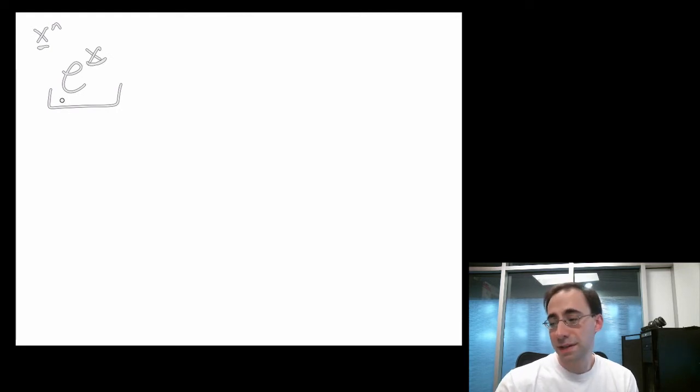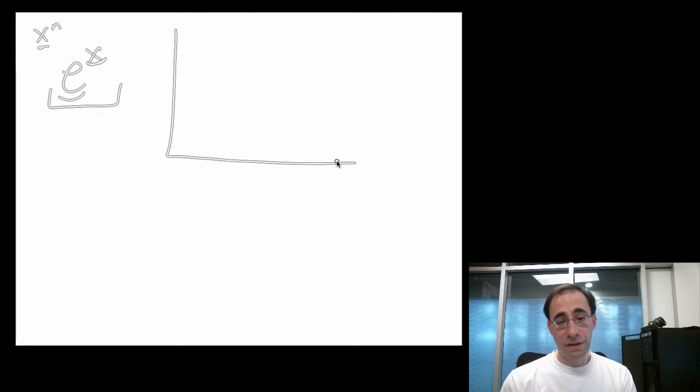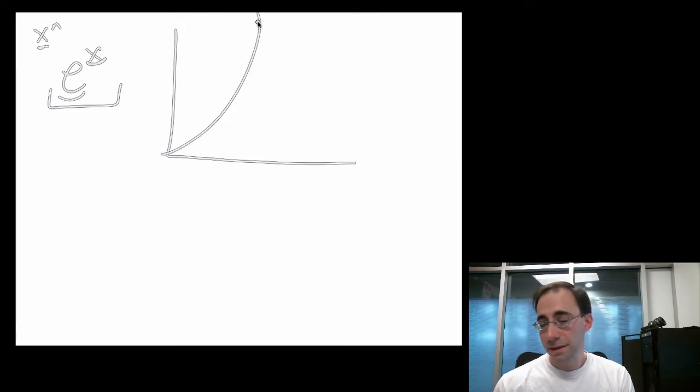You're raising a constant e to an exponent x. This looks very different from x squared, for instance. It looks like this. The exponential increases very, very quickly. Almost nothing increases faster than an exponential. So you use the exponential function when you're trying to increase very quickly.